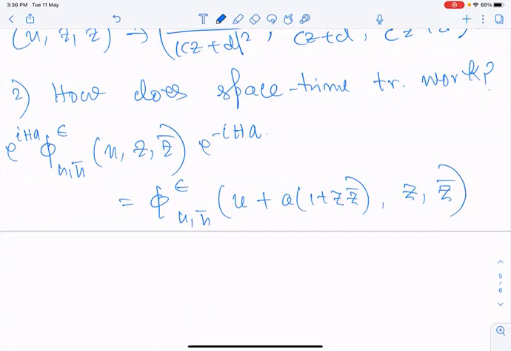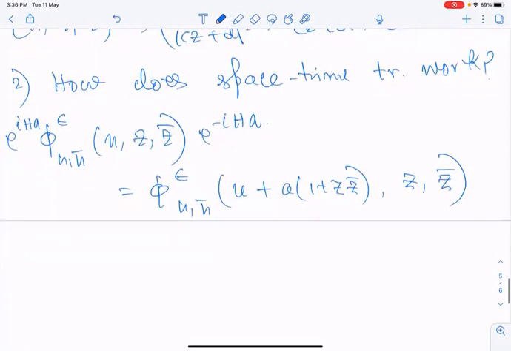Okay, so this is the constant. This is how the Hamiltonian acts on this. Note that this is not shifting the conformal dimensions h bar, but you can actually absorb that shift in this geometrical shift of u. Okay, and z z bar does not change.